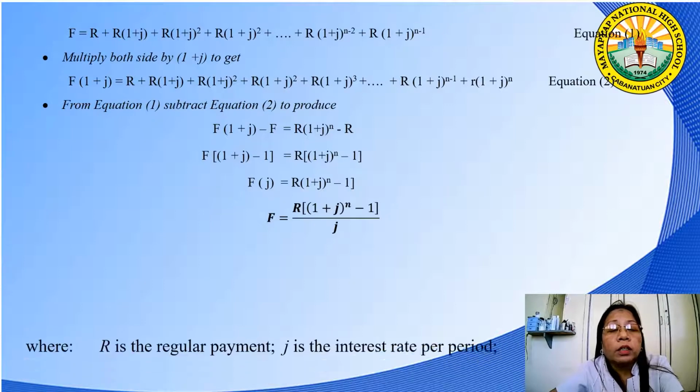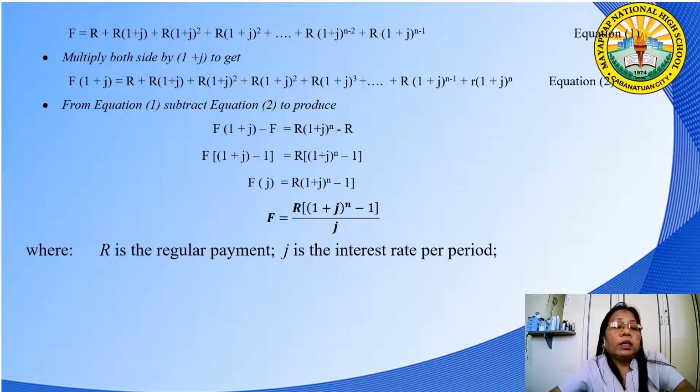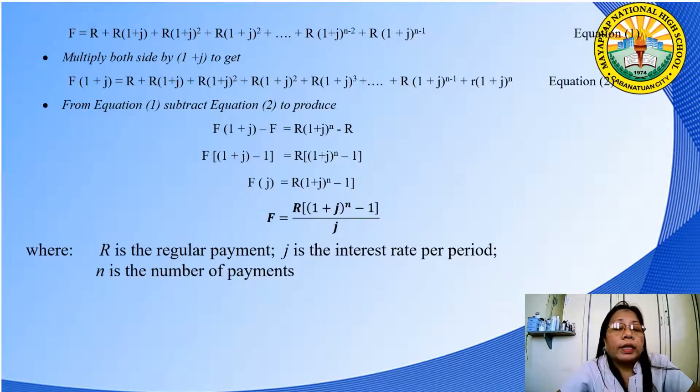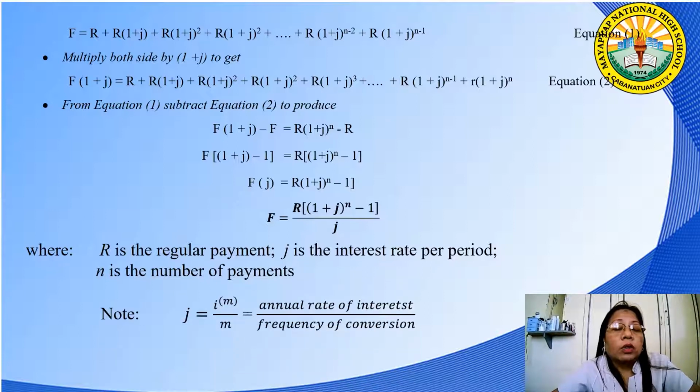Where R is the regular payment, j is the interest rate per period, and n is the number of payments. Note that j is equal to i raised to m over m, where i raised to m is the annual rate of interest and m is the frequency of conversion.